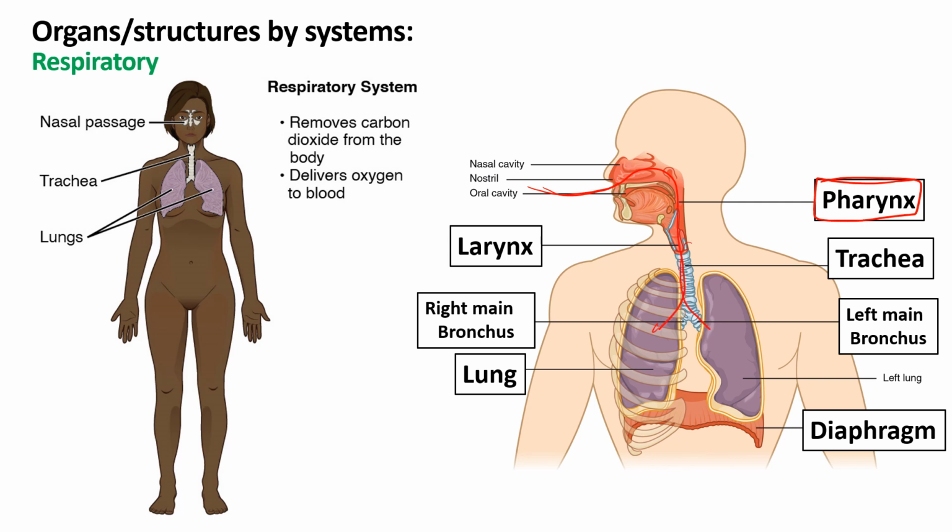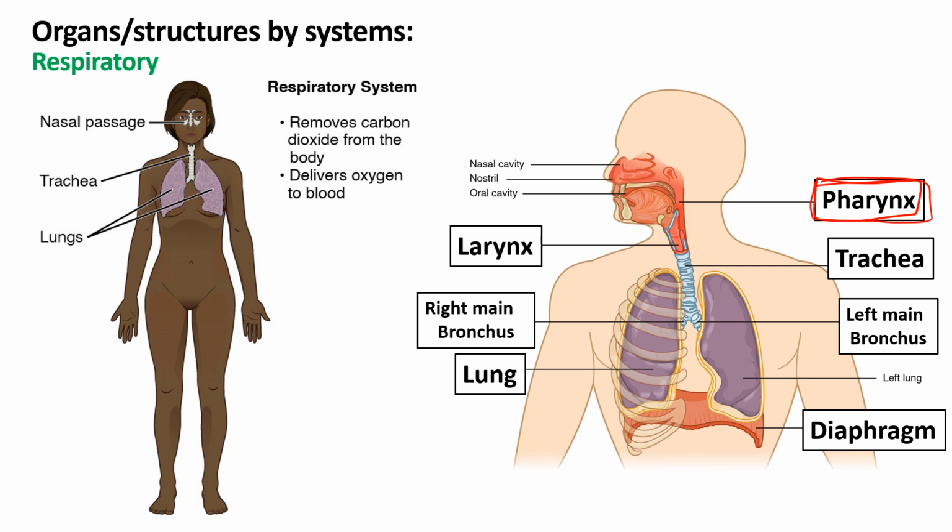So it allows the transport of air, but also the pharynx is this space when you eat, and the food that gets in your mouth passes through the pharynx to go to the esophagus, which is a part of the digestive system. So the pharynx allows movement of air for the respiratory system and food for the digestive system. The pharynx, we know this as the throat. That's the common name, this space here. We're going to see pictures of the pharynx in more detail.